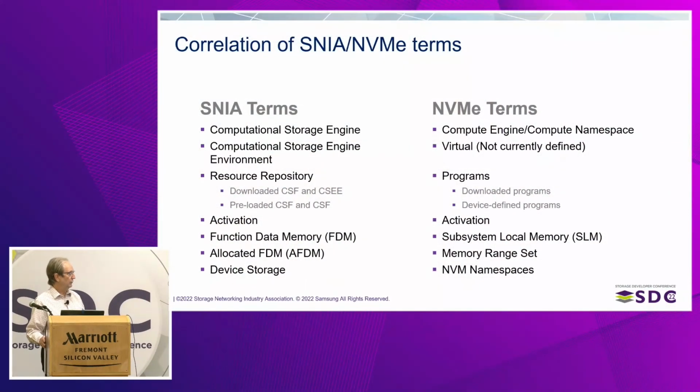Within NVMe, we have memory range sets, which are specific ranges of memory within the subsystem local memory that are allocated for a particular program or maybe multiple programs to utilize in an area where they're not touching memory that they're not supposed to be accessing. In SNIA, we call it device storage. In NVMe, we call it NVM namespaces.